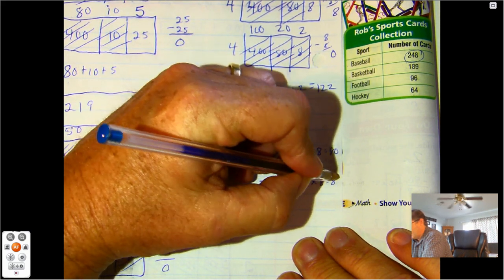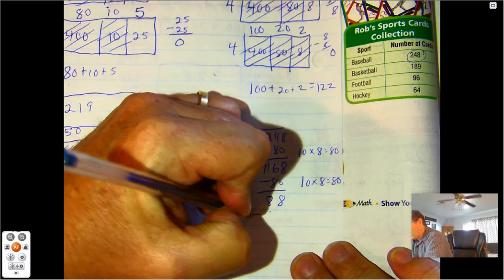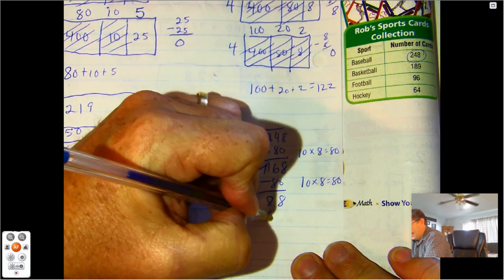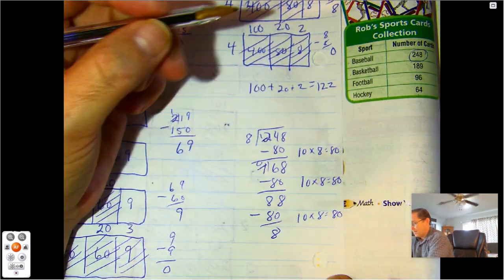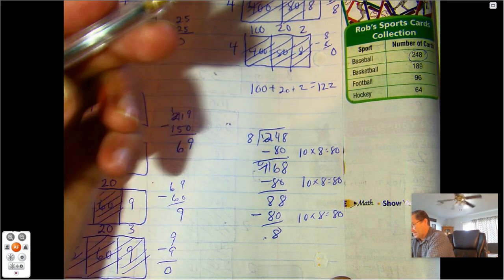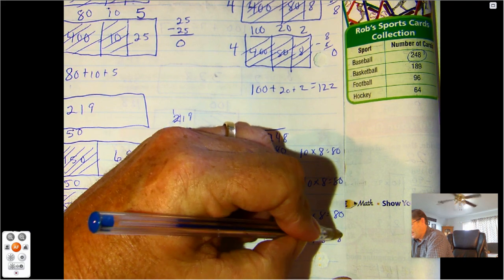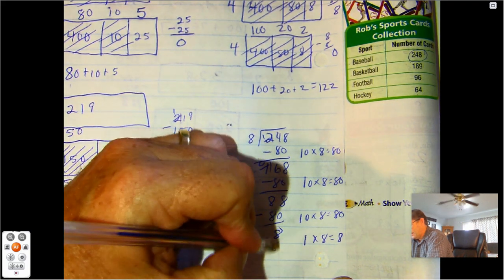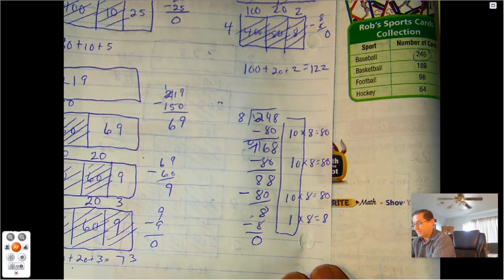I can take away one more set of 10 eighths, and that leaves me 8. How many eighths does it take to get from 8? 1. One set of 8 is 8. 0. So we add our partial products, 10, 20, 31. He needs 31 pages.